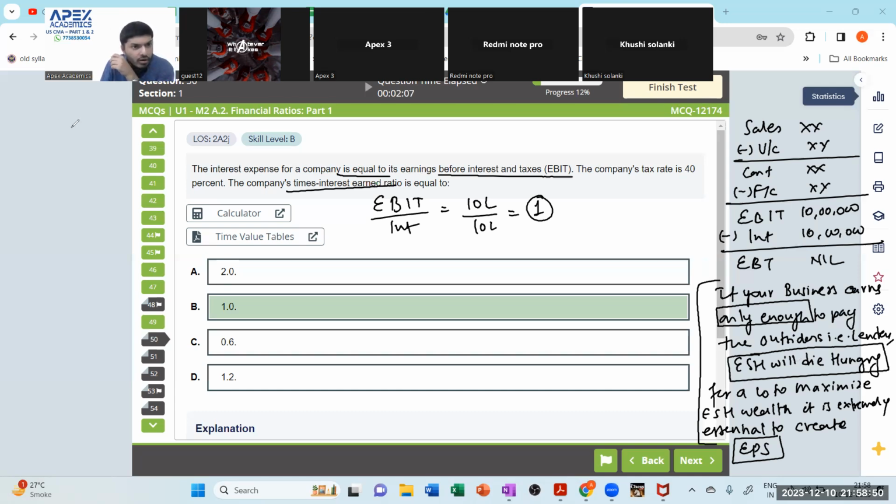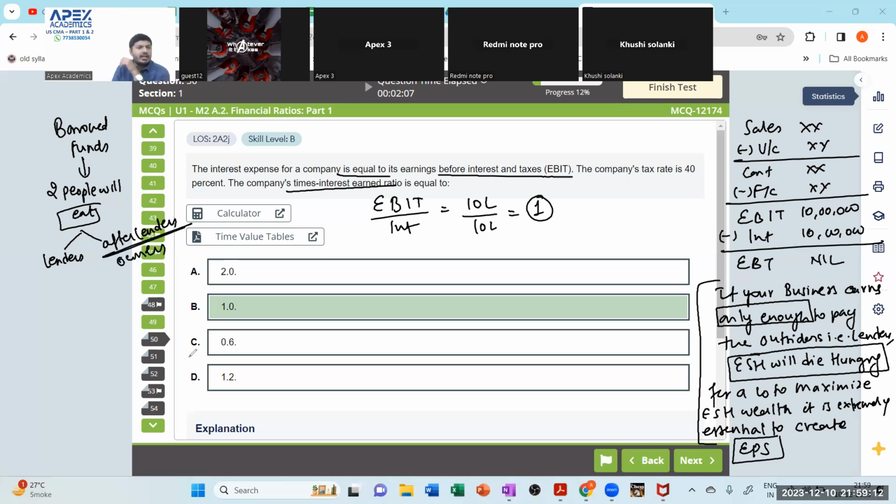Keep one thing in mind. If you have got borrowed funds, two people will eat. Who are they? Lenders, and after lenders, owners. Always remember they will eat after the lenders.